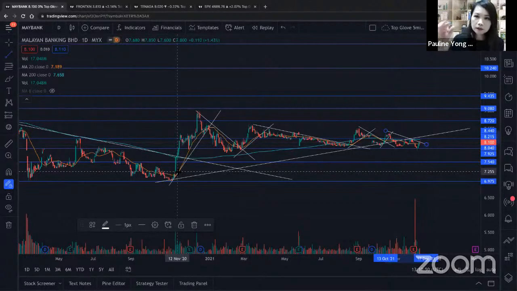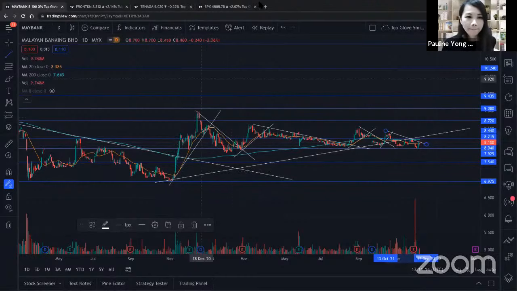The 200-day is somewhere near there, but then haven't broken that. So then maybe you say, okay, I want to wait until it breaks that 200-day moving average. Okay, so all these are helping you for your investment or your trading decision. Okay, so you have to use all this information. Not necessarily you just use the trend line. You have to use all kinds of information to help you.